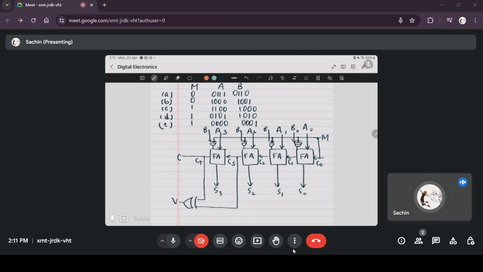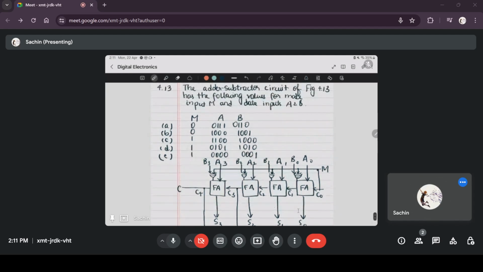So that overflow, whenever it occurs, either C3 is 0, C4 is 1, or C4 is 0, C3 is 1. You can verify that from the truth table. So this is the circuit.